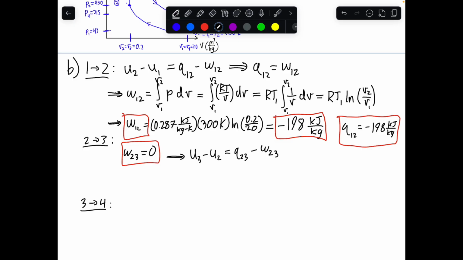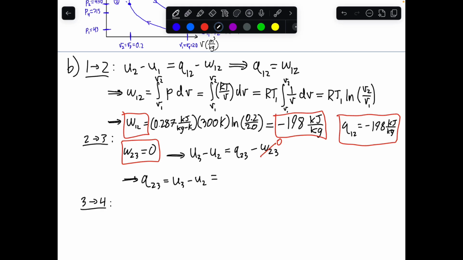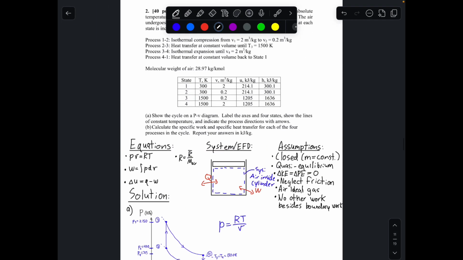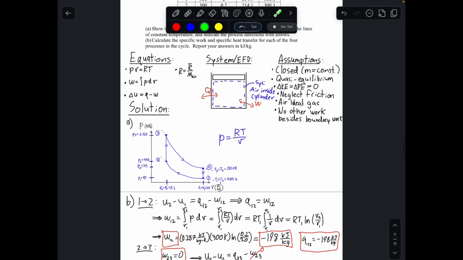Remember, we just found that that work is equal to 0, so this term will cancel out. And so we are just going to get that our heat transfer from 2 to 3 should be equal to U3 minus U2. And we have those values in our table up here. U3 is 1205 and U2 is 214.1.